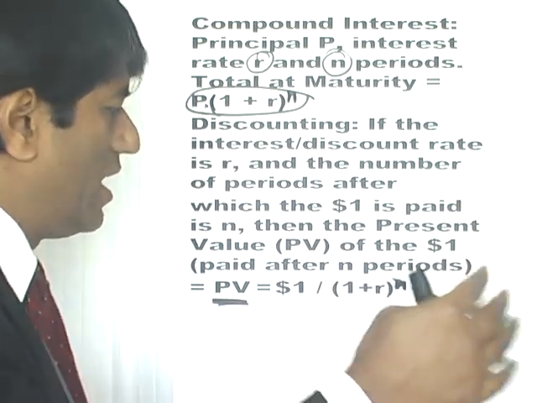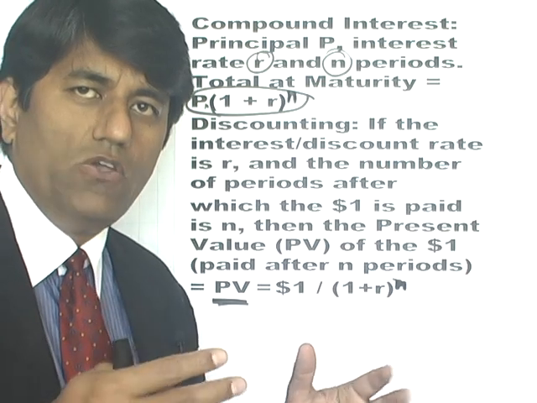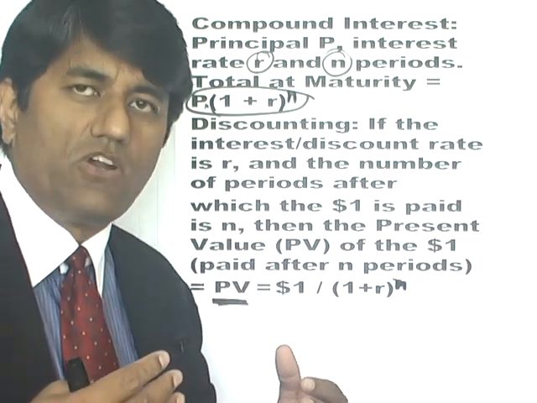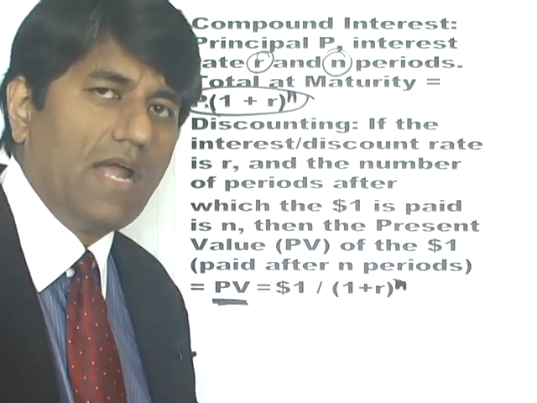So every year moving back, the value decreases by a factor of 1 plus r, and for n years it will decrease by the factor 1 plus r to the power n.